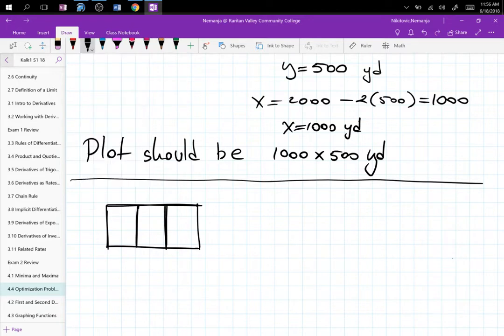Well, clearly I have x and another x on top, and I have y's. Yeah, I have 4 y's. Very good. I have 4 y's now because these are fence as well inside, right? Because I need to put a fence between cabbage and rabbits.